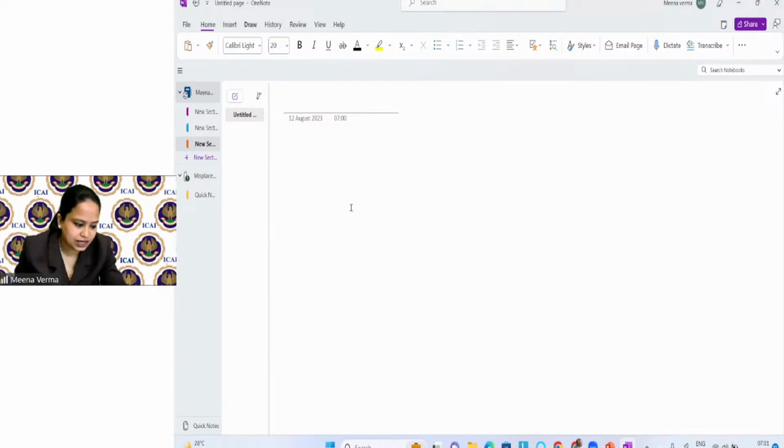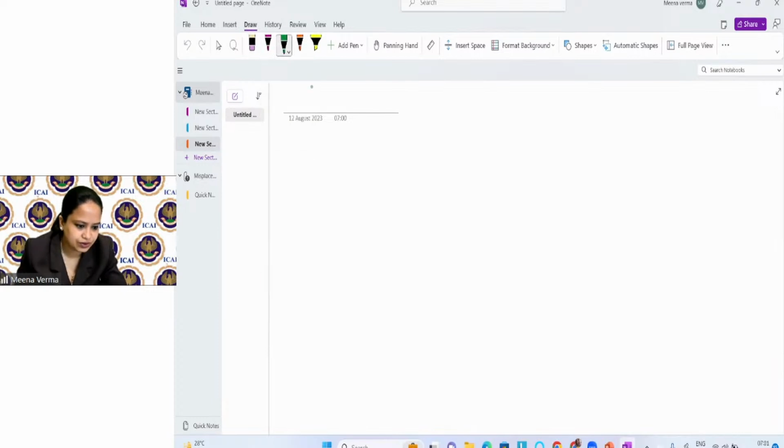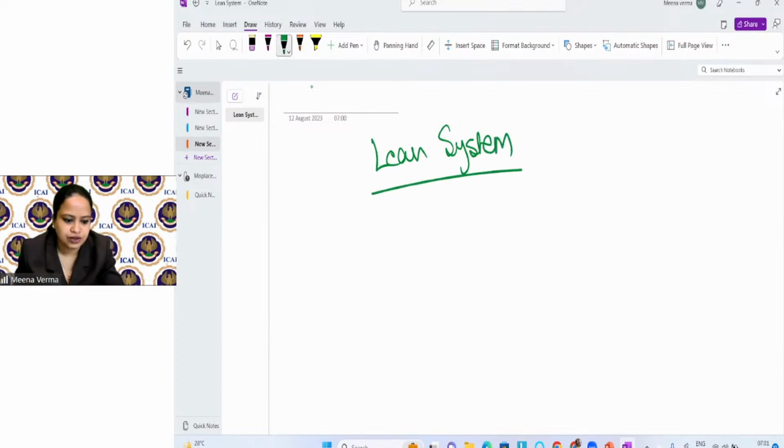We have studied the lean system in the last session. Lean means identifying the non-value added activity.